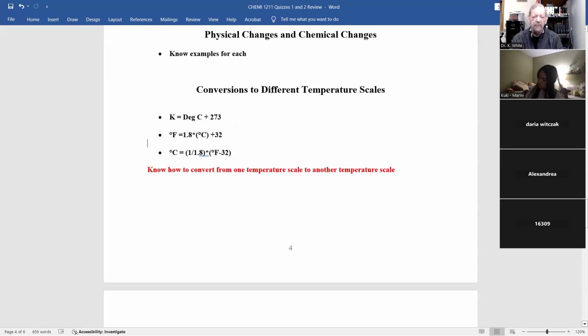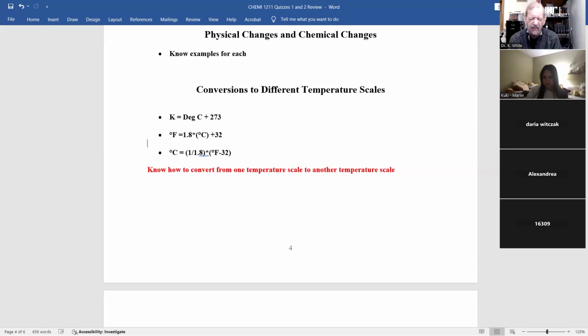Now, remember, these are formulas, definitions. The number 273 is an exact number. The numbers 1.8 and 32 are exact numbers. Now, I will only ask you to go from one to the other using this formula, which is real life.